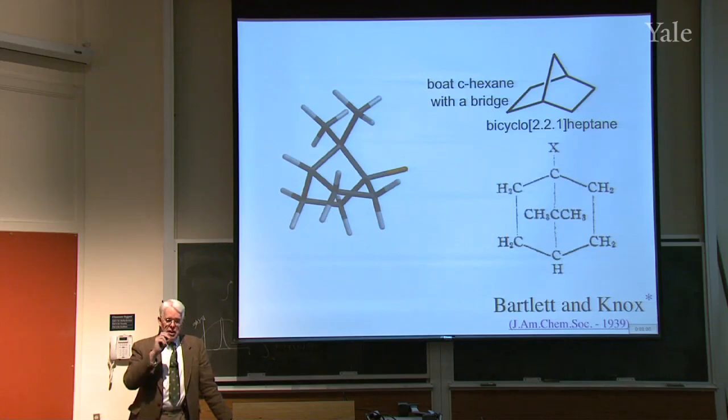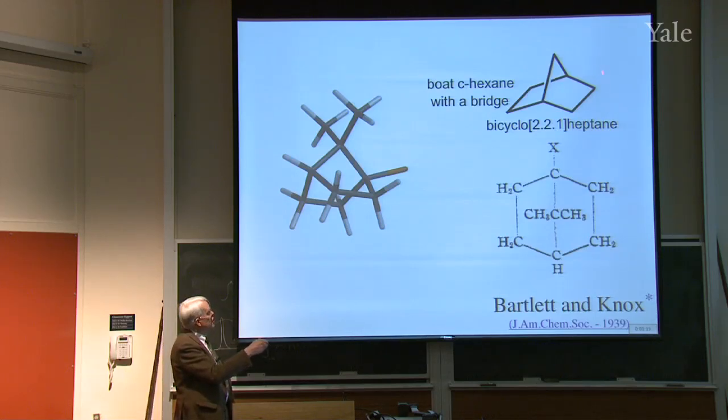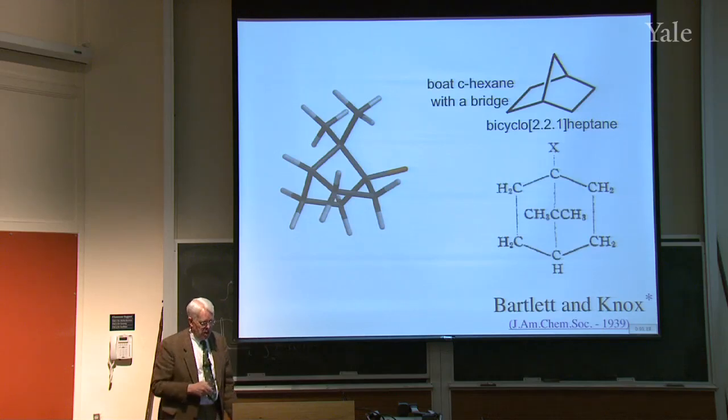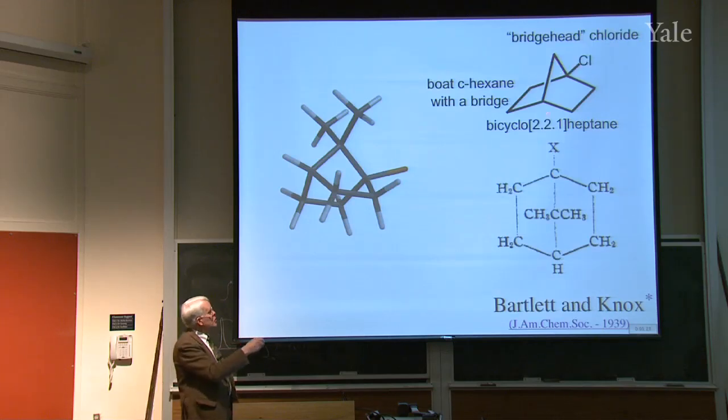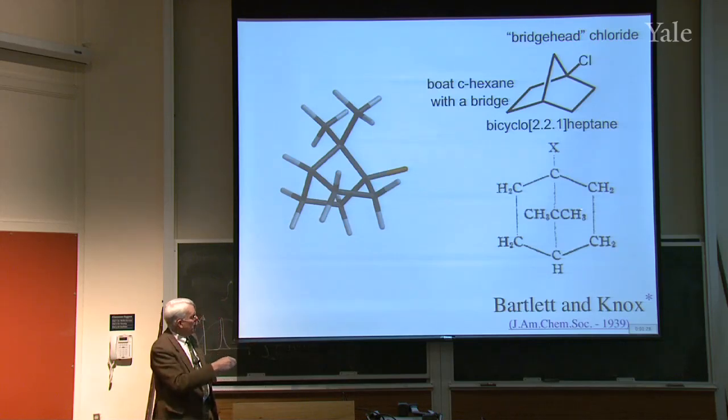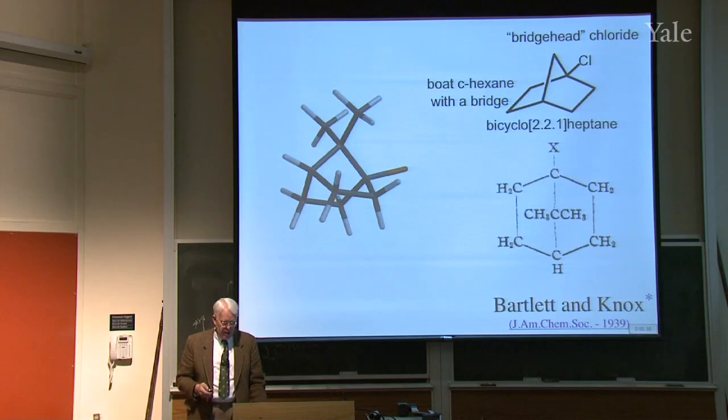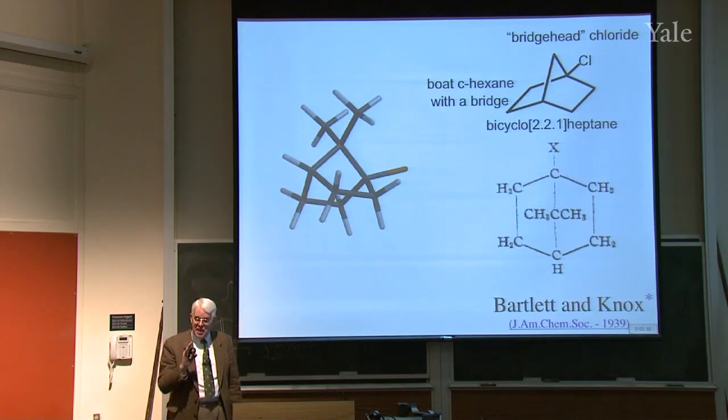And you give numbers in brackets in the middle of bicyclo to say how many carbons there are in each bridge. So there's a 2-carbon bridge, a 2-carbon bridge, and a 1-carbon bridge, okay? And those two positions are called bridgeheads, right? So this is a bridgehead chloride that we have in the molecule, the apocamphyl chloride that they designed and then prepared to study.